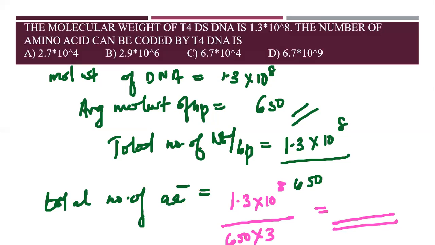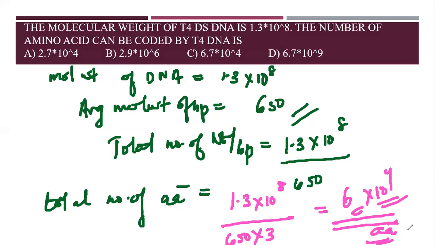So how much are we getting? Something around 6 point some value into 10 raised to 4 amino acids is the answer.